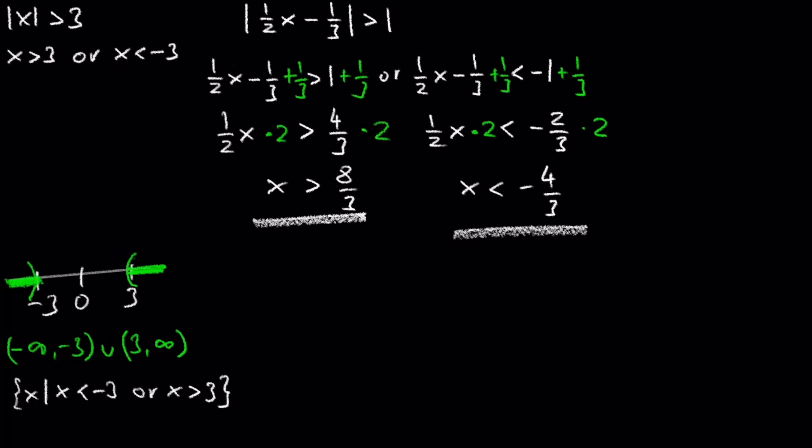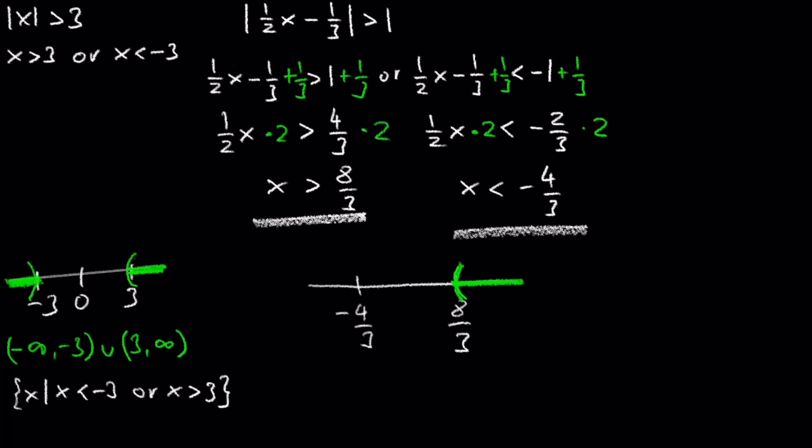How do we plot this on the number line? X is greater than 8 over 3. Do we need a parenthesis or a bracket? Since x is greater than and not greater than or equal, we need a parenthesis. And because it's greater than, we need to plot the right side. The other answer is x is less than negative 4 over 3.